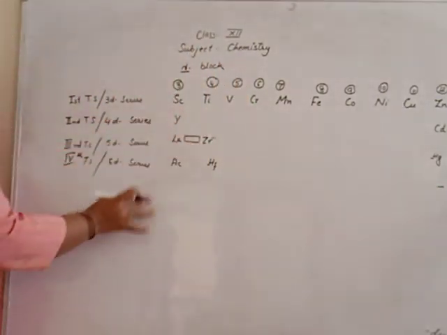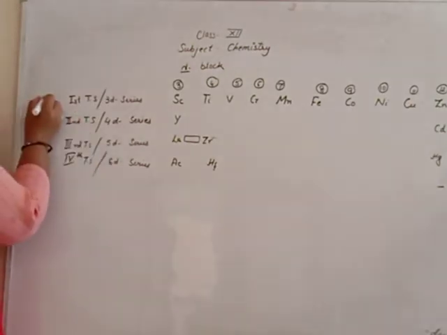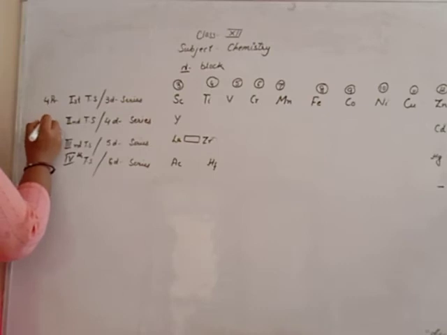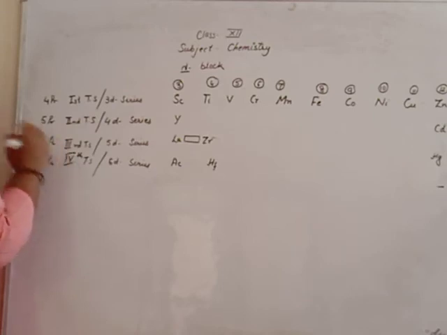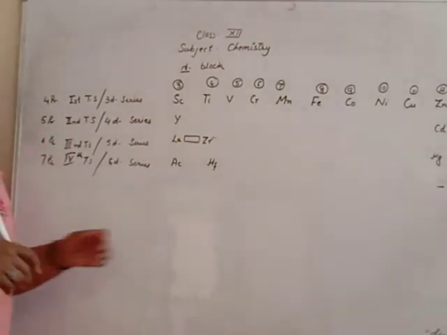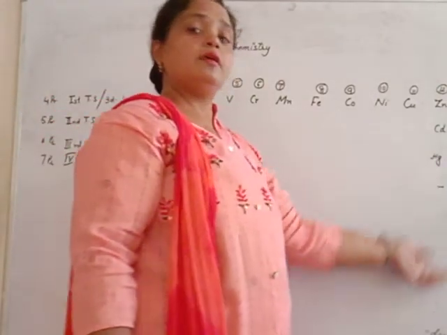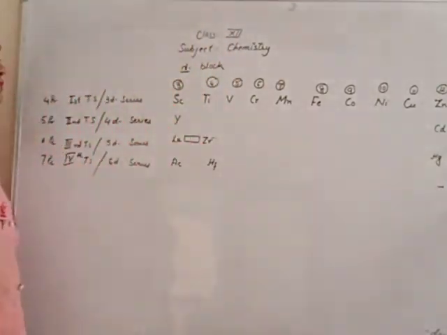These series are already discussed: they are present in the 4th period, 5th period, 6th period and 7th period. The 7th period in the periodic table is incomplete, so the last element is not needed to be mentioned.